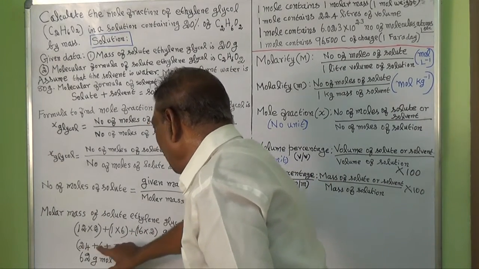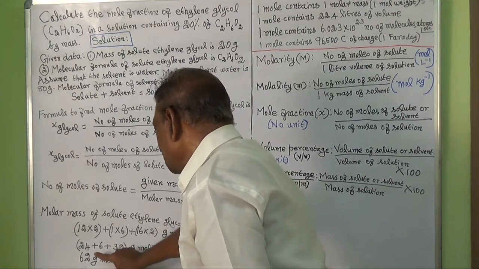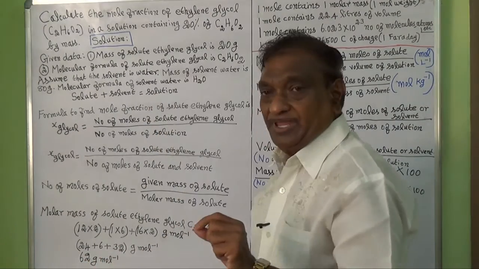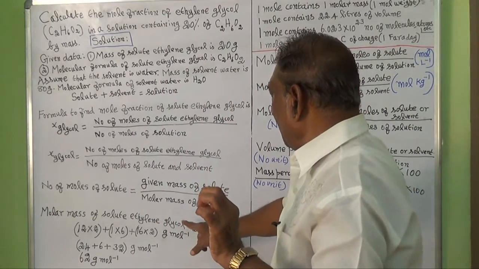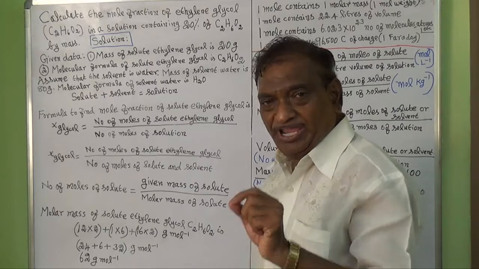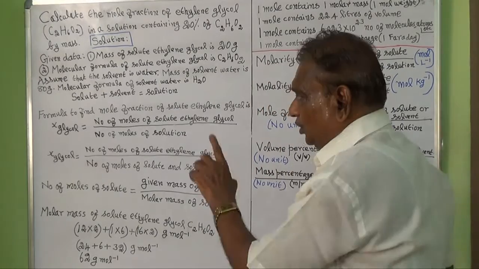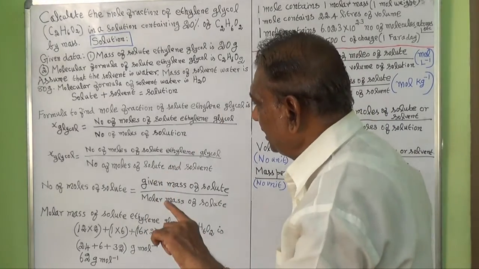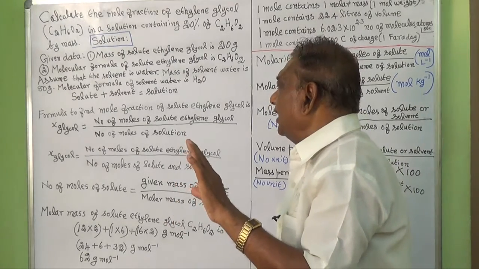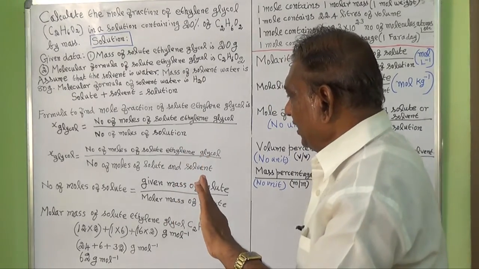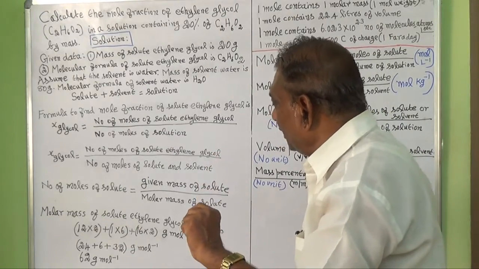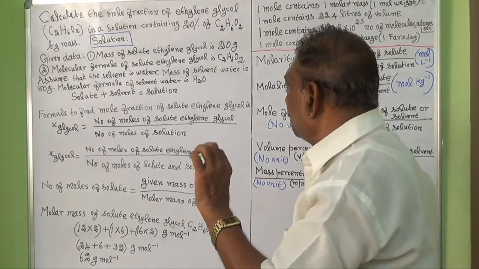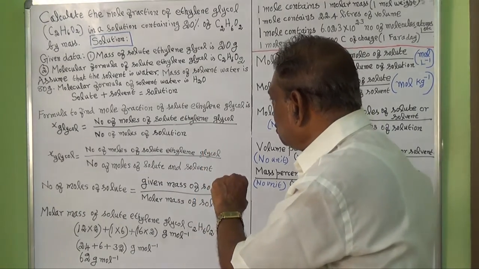If we add all this, we will get 62 gram per mole. It is the molar mass of the solute ethylene glycol, that is C2H6O2. So in order to find the mole fraction, first we need the number of moles of the solute. Then if we want to find the number of moles of the solute, we need to find the molar mass of the solute.